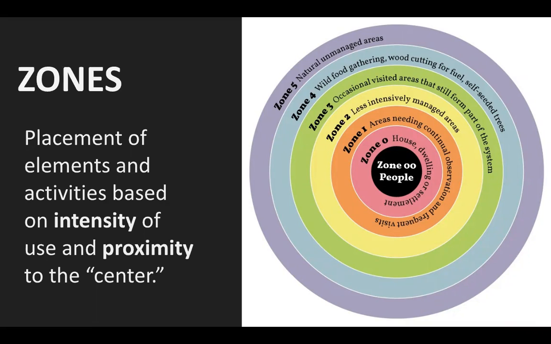Moving outward, that little pink ring there, zone 0 is our immediate household. So again, the same ideas apply with the relationships with people. Zone 0 also refers to the house structure itself. So what are your primary sources of energy in your home and how do these fit with the permaculture ethics?